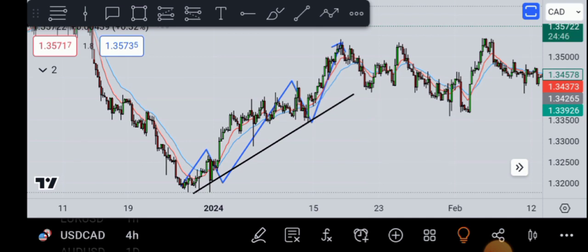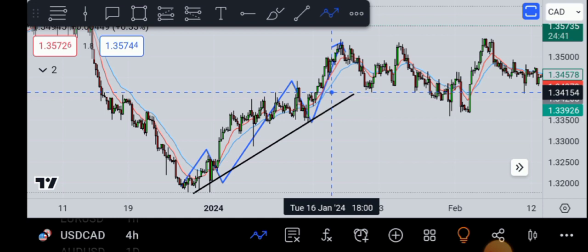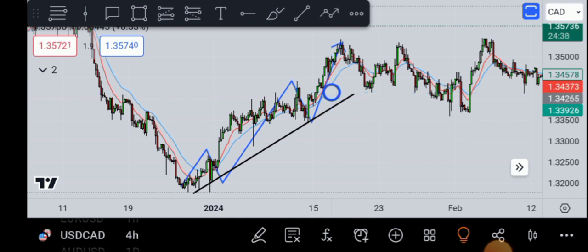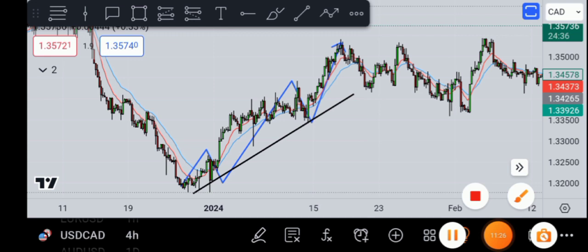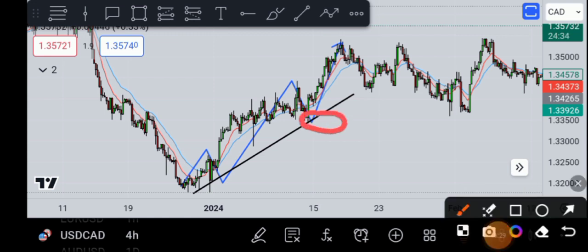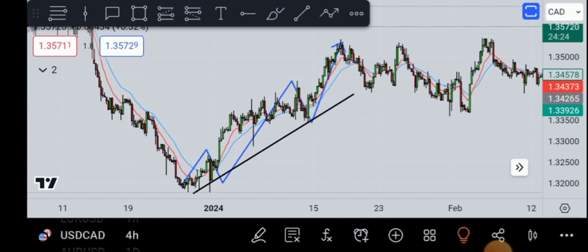For example, if I want to buy, I can come somewhere around here and buy from this place, and then based on my prediction, price moves up to this place. It depends on what the market is currently doing, and that will inform the type of decision I'm going to make.